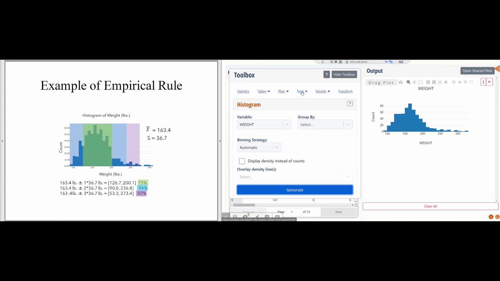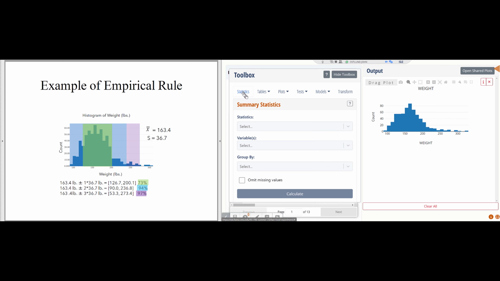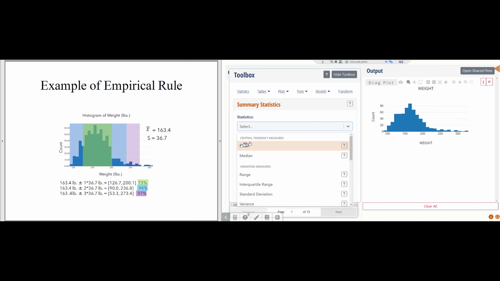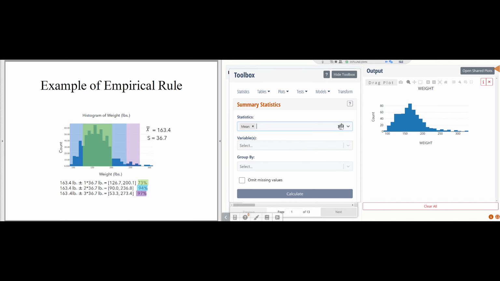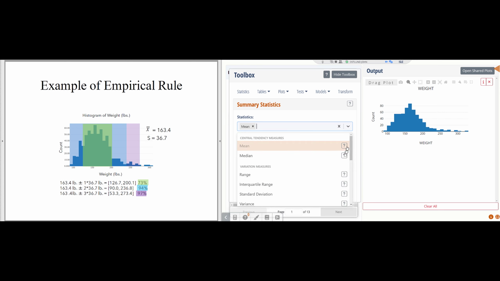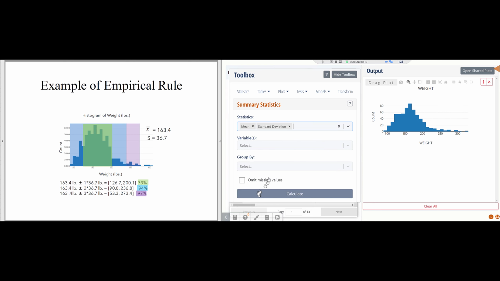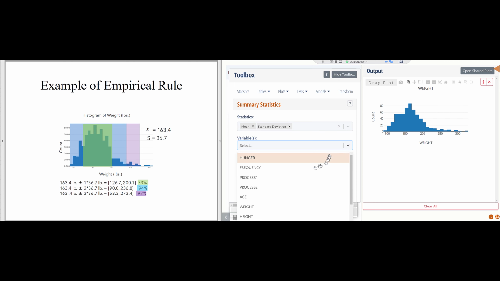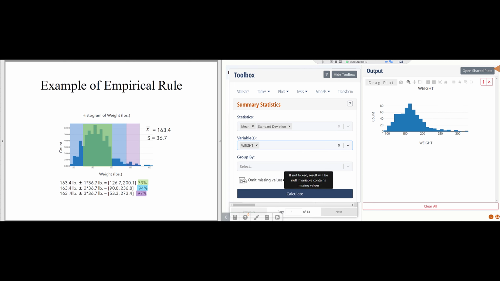Let's do that. We're going to compute the mean and the standard deviation of the weight, but excluding missing values. We don't know how to do computations with data that we don't have. We'll calculate that, all right? And so we've got a mean of 163 and a standard deviation of 36.7.